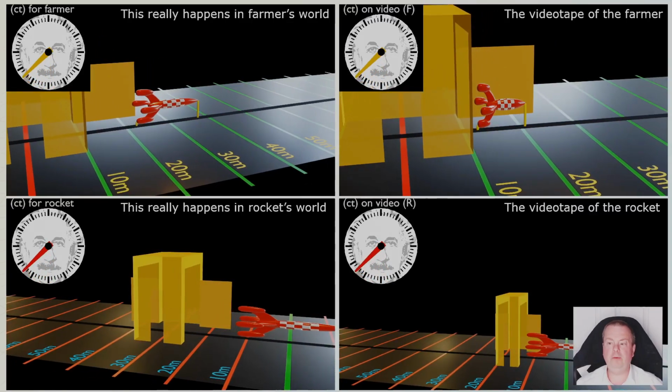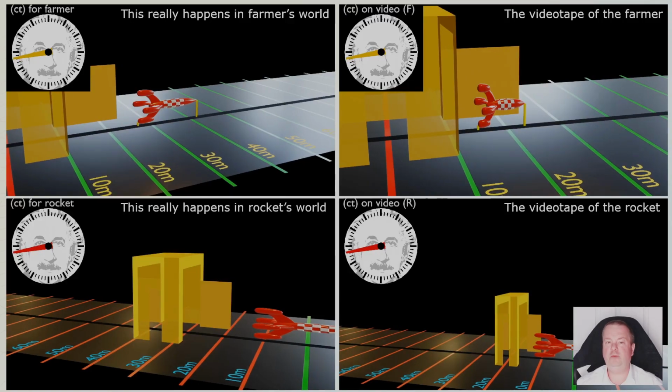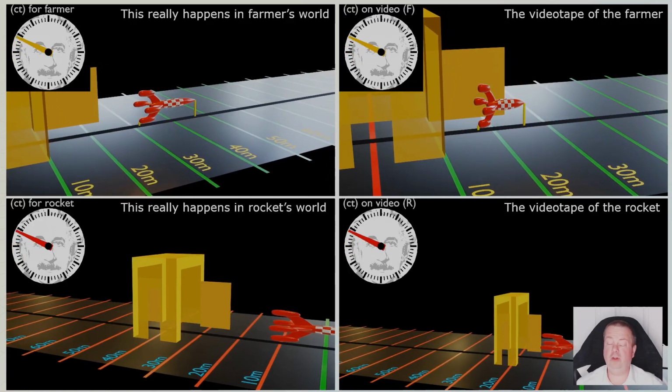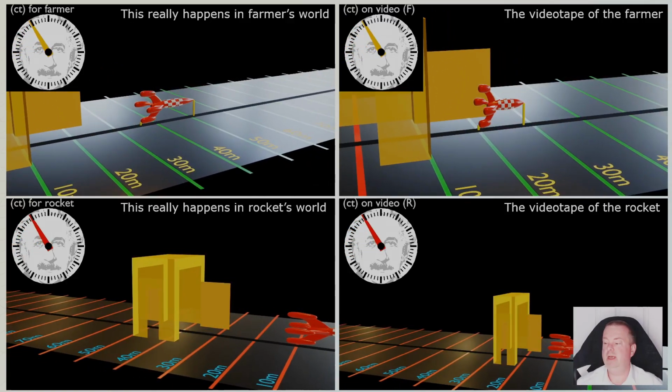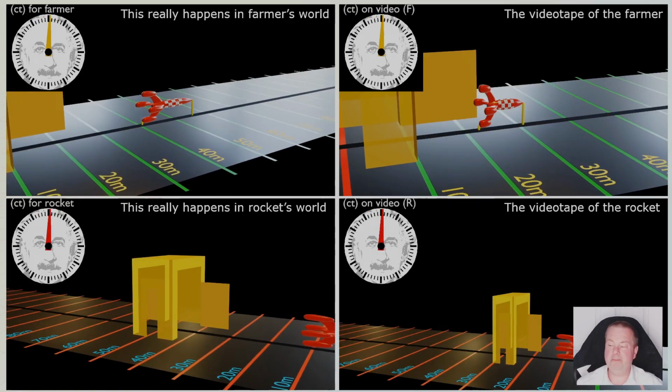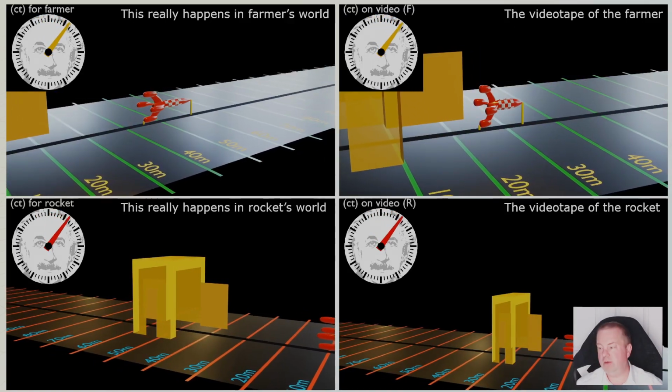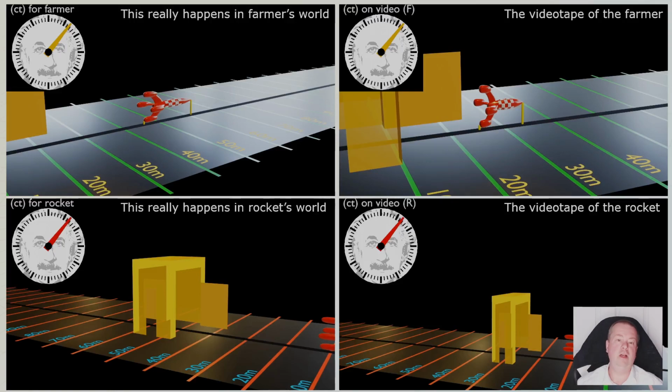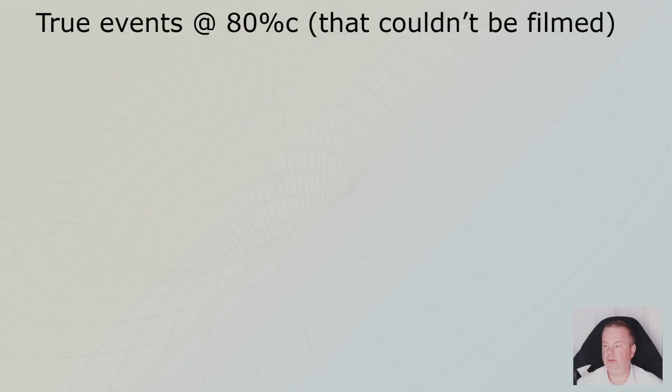Well, both of them on the left are true. That's what's really happening, but we are just not able to capture that on video. As soon as you start videotaping, you will run into the tapes on the right and they will not tell you what actually happened. They will be deceiving you. So this is what happened. And now we are going to do the actual numbers.